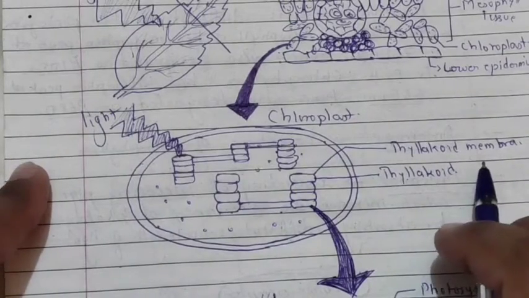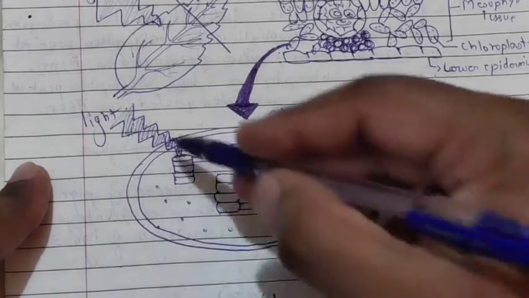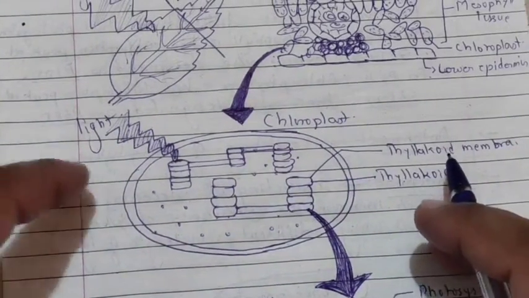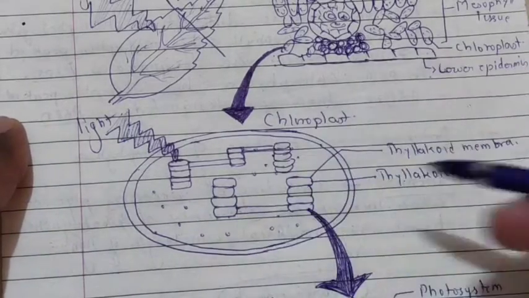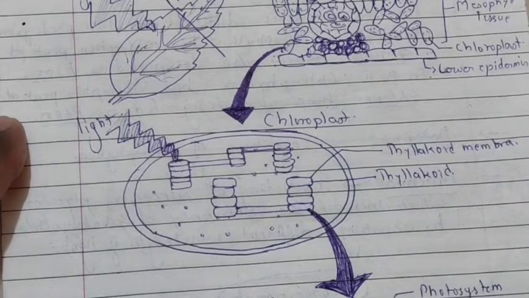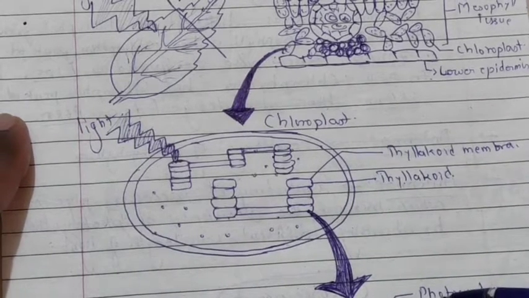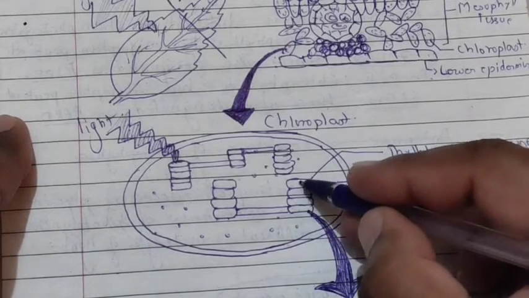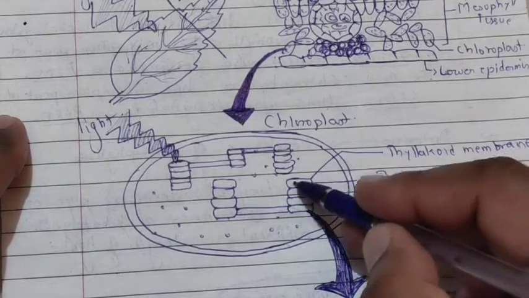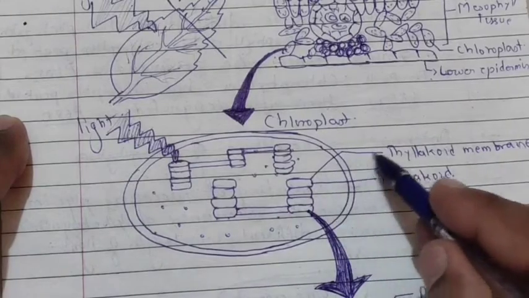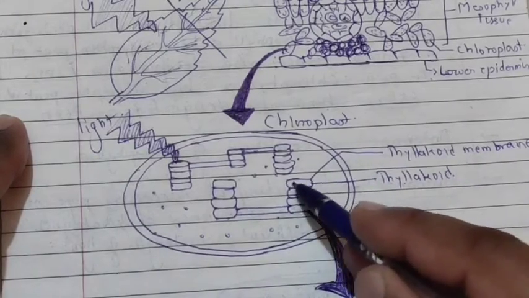We have studied the chloroplast structure, right? It is a double membrane bound organelle. Inside you will see the stroma and a membranous system, which we studied in our previous video. This disc-like structure is called what? Thylakoid. They are in turn made up of their own membrane, called the thylakoid membrane. This boundary you can see.